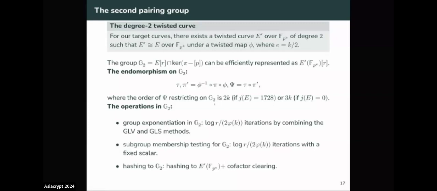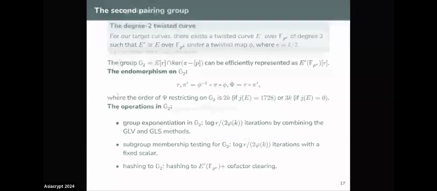And by using this homomorphism psi, the number of iterations for group exponentiation and subgroup membership testing can be reduced to around log r over 2 times phi(k). Actually, this method can also be used to speed up cofactor clearing for G2. Next, we will explain it in detail.